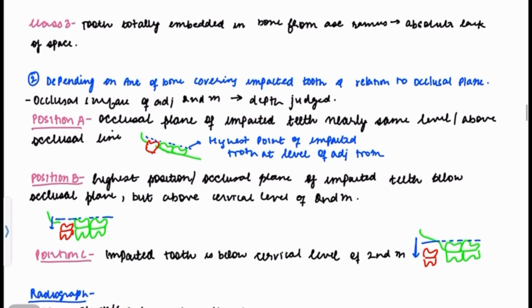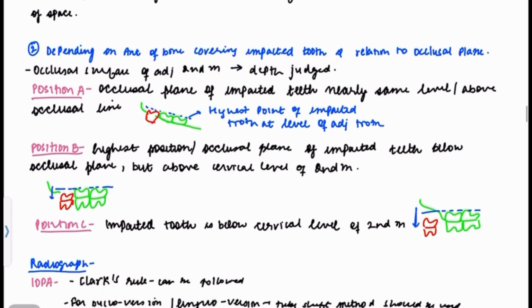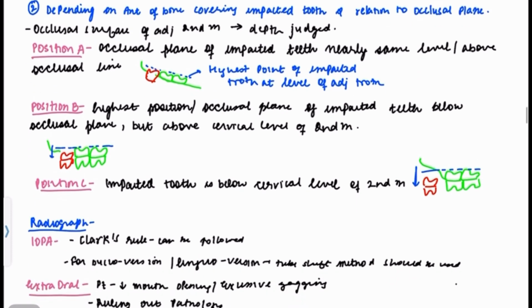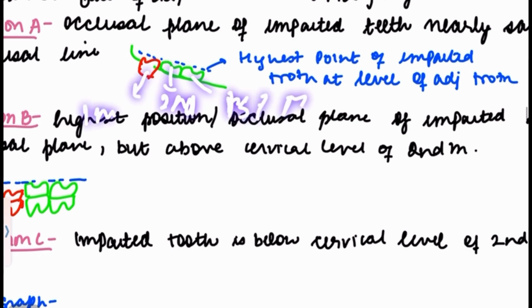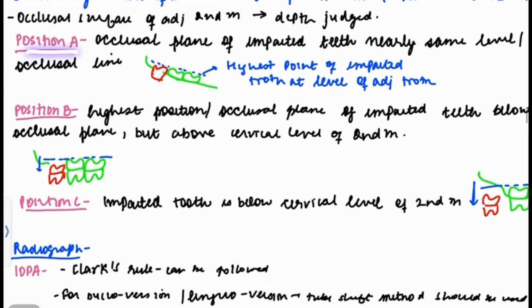Now let's see the classification depending on the anterior bone covering the impacted tooth and the relation to the occlusal plane. So in this, we will simplify it. First let's read. In green I've shown the normal tooth which is present. So this is the second molar, this is the first molar, and in red I've shown the impacted tooth. So what is position A?